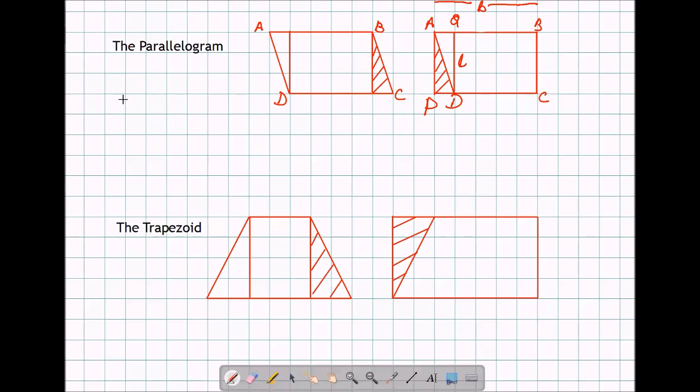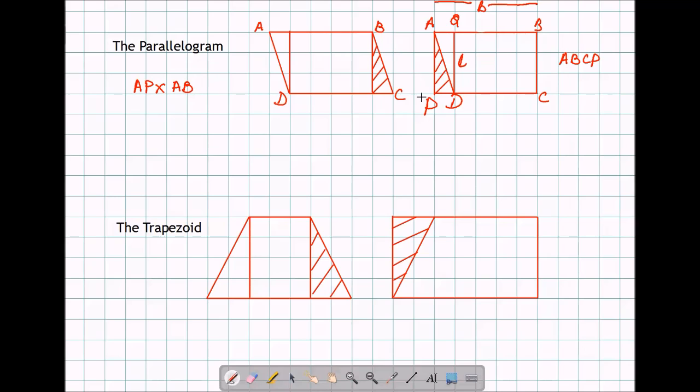Okay, so what will be the area of this parallelogram? I'll repeat again. I have just cut this piece and put it here, and now I'm trying to see the area of rectangle ABCP. The area of the rectangle ABCP is the length of AP into the length of AB.